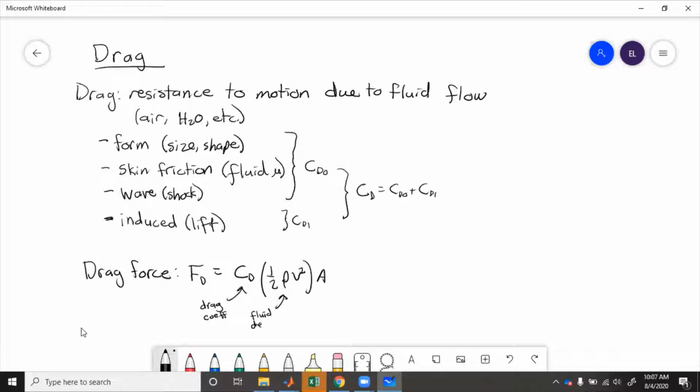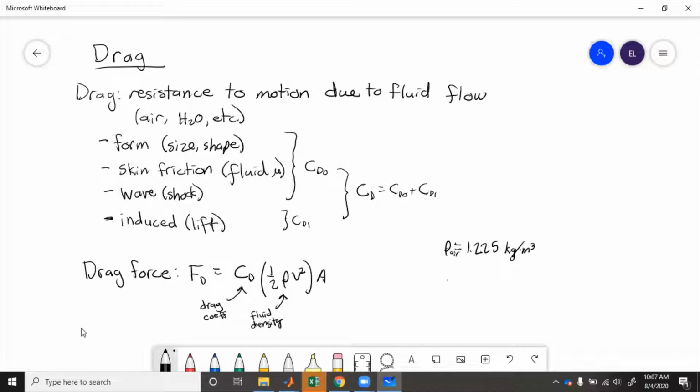So for air, rho of air equals 1.225 kilograms per meter cubed. Sorry, kilograms per meter cubed.